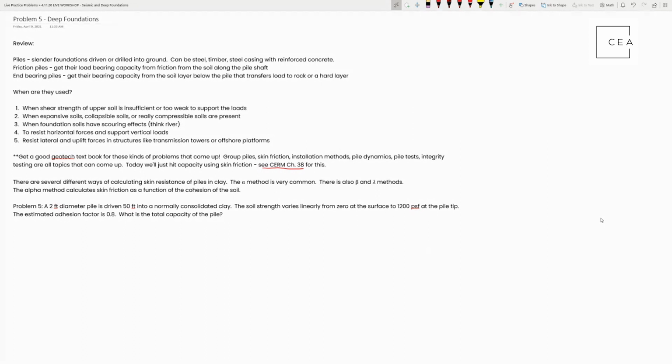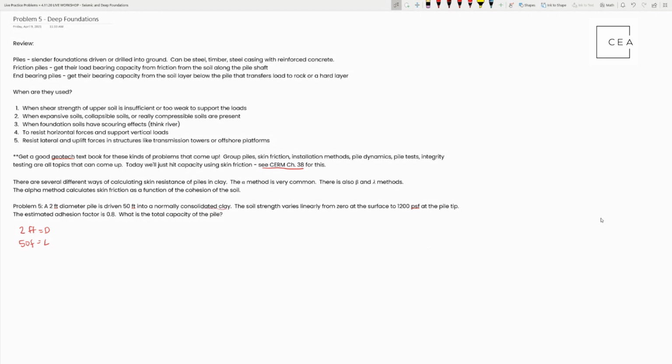All right, so let's look at this question. A 2-foot diameter pile, so we've got 2-foot diameter, is driven 50 feet into the ground. That's going to be our length. This is diameter. Into a normally consolidated clay. That's good to know.